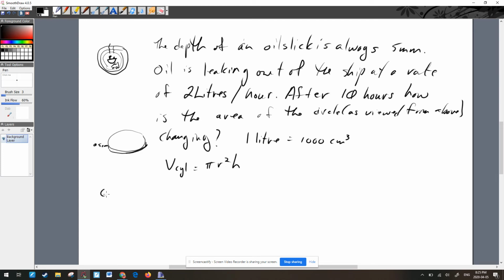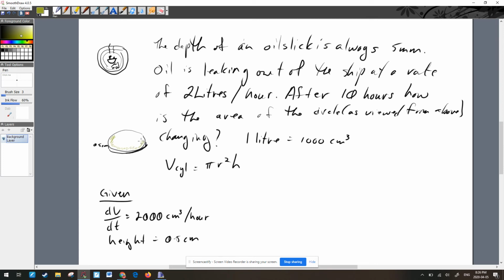Okay, so let's think about our givens. We are given that dV/dt is equal to 2,000 centimeters cubed per hour. We're given our formula. We are given that the height is equal to 0.5 centimeters. And what I'm asking for here is how the area of the circle as viewed from above is changing.